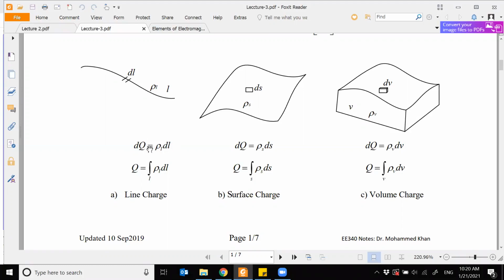This will give me the elemental charge dq. Now you integrate that elemental charge dq over the complete length. So the total charge will be the integral over the complete length L of rho L dl. This will give me the total charge of a line distribution.